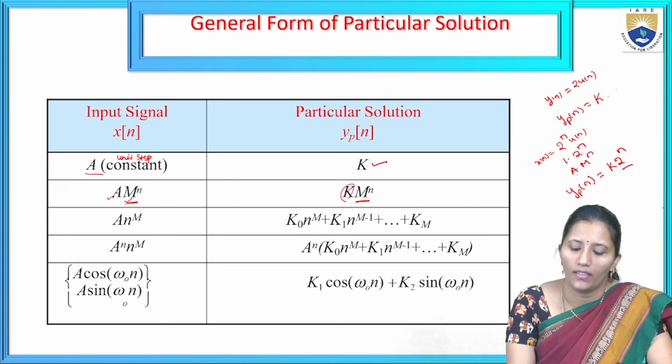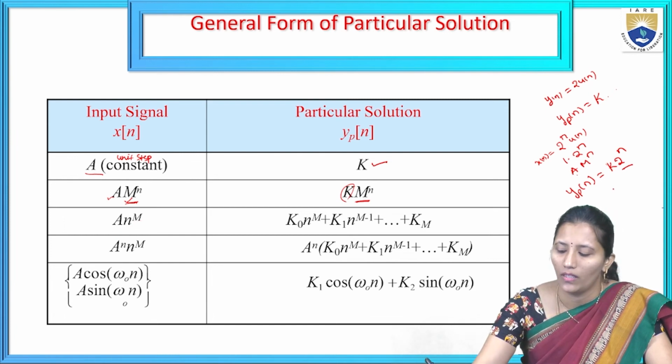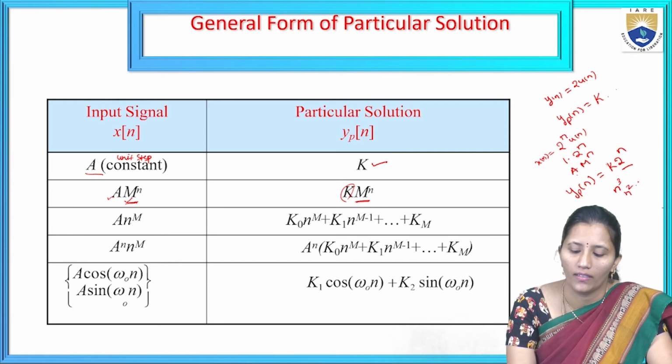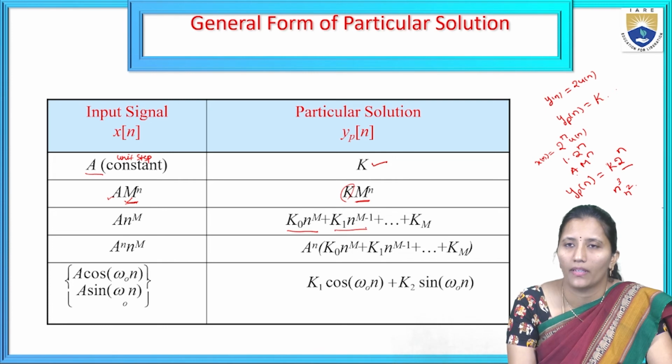Okay, like that if we have the input a into n power m, that is n cube, n square, if we have an input like that, then we can write the particular solution as k naught n power m plus k1 n power m minus 1 plus up to k m.